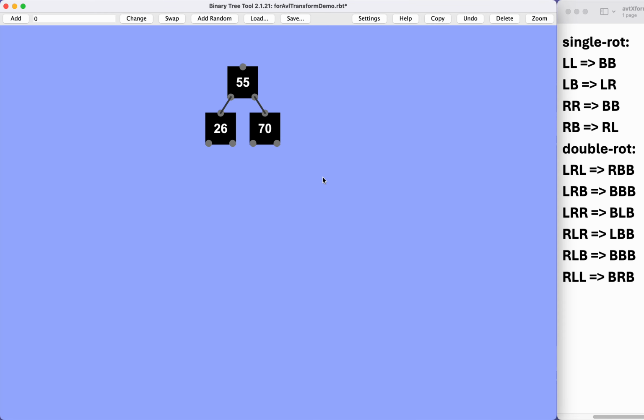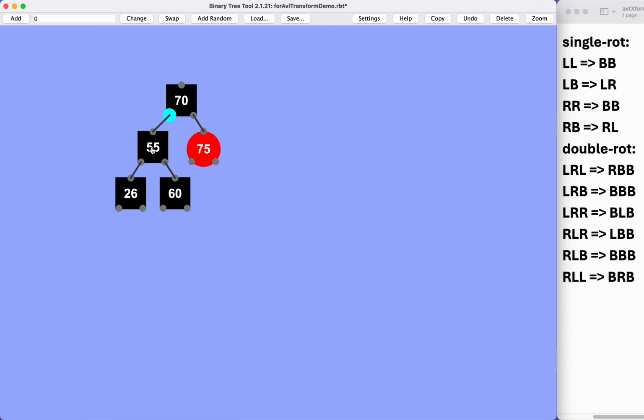So that was the left-left case. Now let's look at the left-balanced case again. Here the child is not left-leaning, it is balanced. So again, we're going to delete the 75. That means this node is now out of balance by more than 1. So this is left, and the child is balanced.